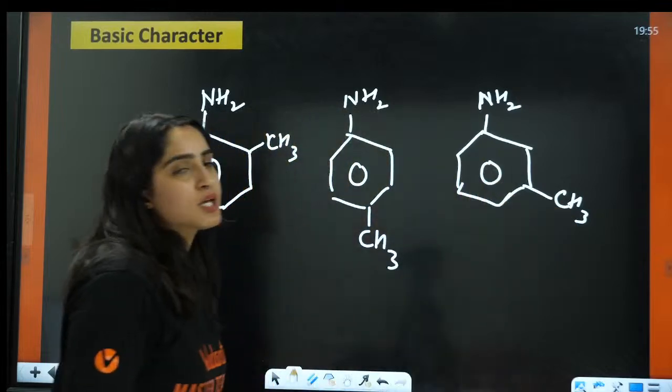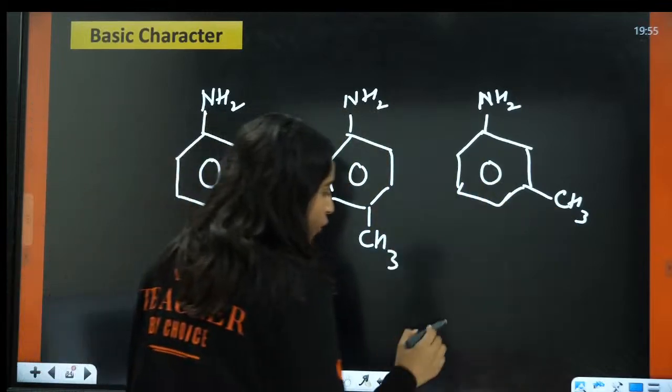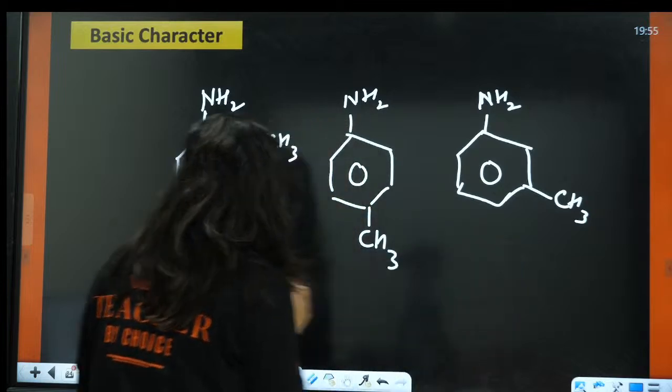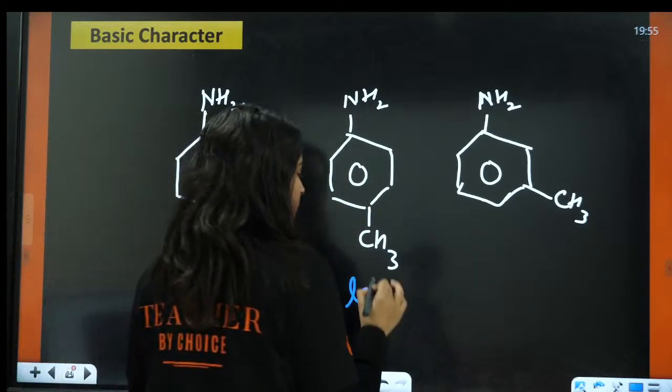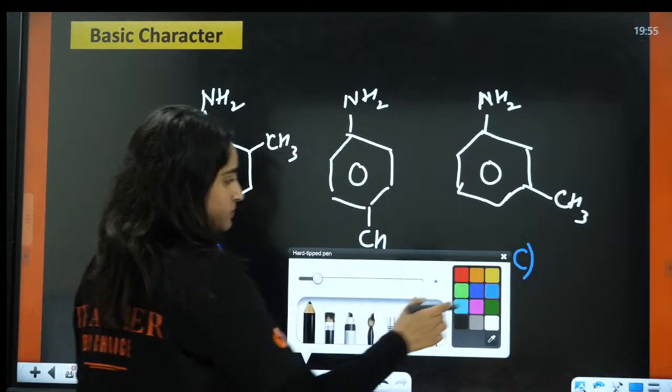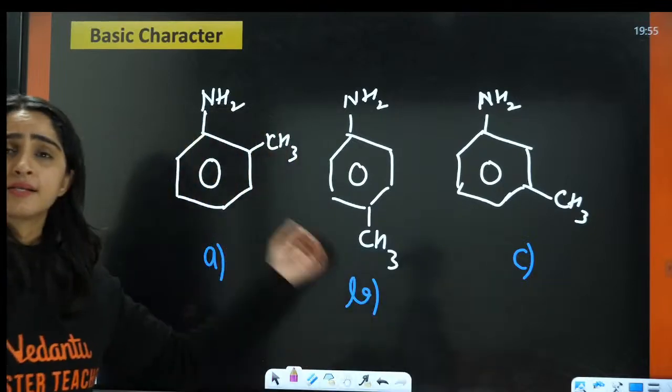Now tell me which is most basic among these. This is A, this is B, and this is C.